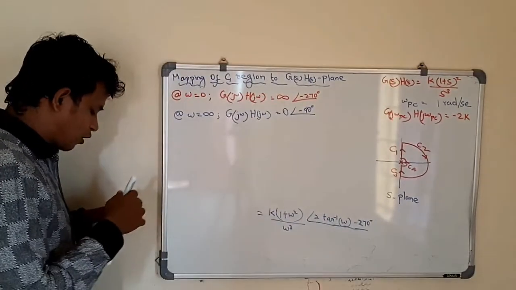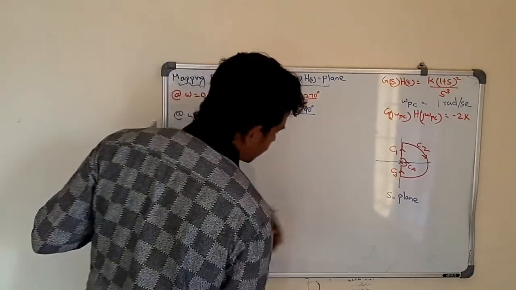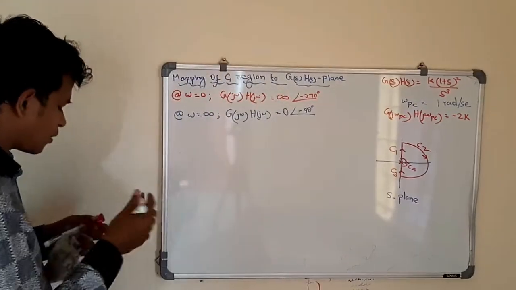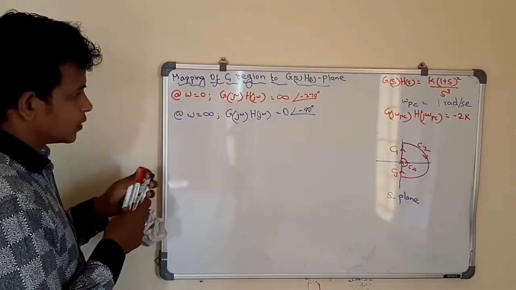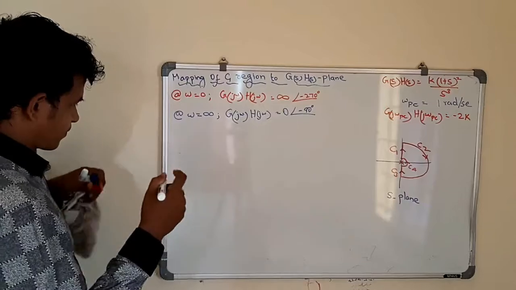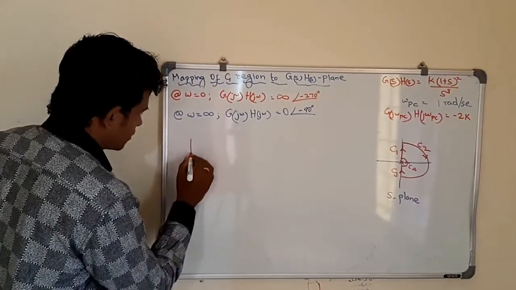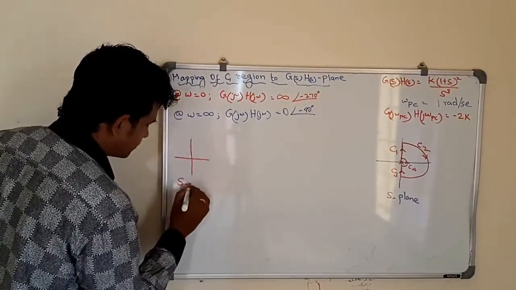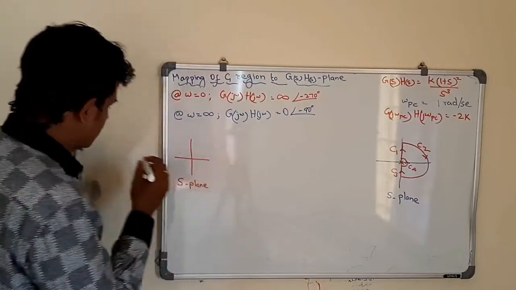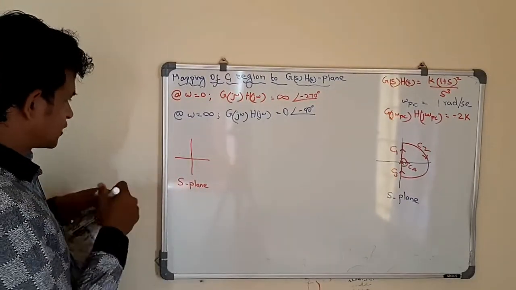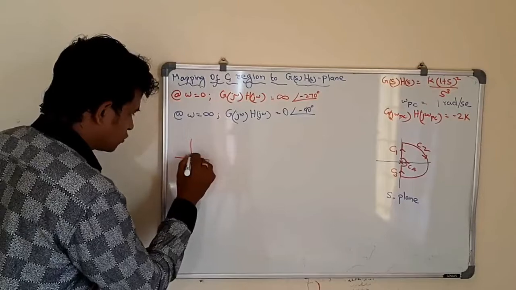With this knowledge, I am going to plot the polar plot in the GH plane. In the S plane, I have got the C1 region of the Nyquist contour, from 0 plus to infinity.